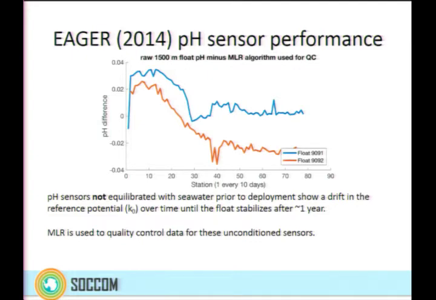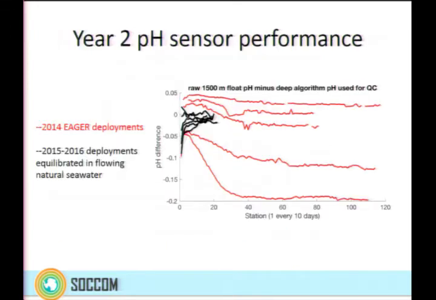So we're really using the MLRs heavily to quality control these sensors. And just to plot those two together, the black lines are the 2015-2016 deployments, and the red lines are the 2014 deployments. So we're doing a much better job with the new equilibration method.